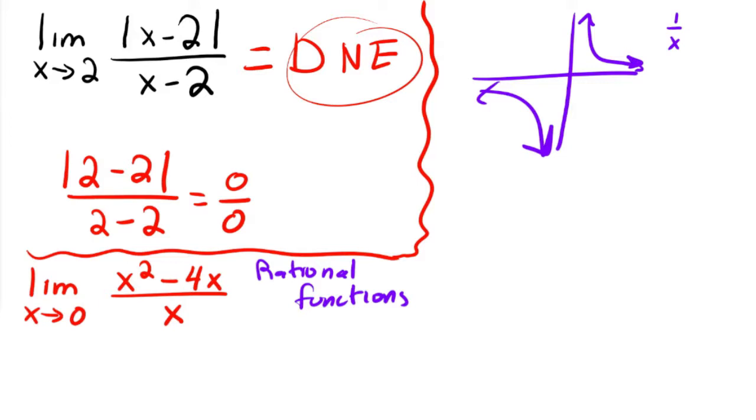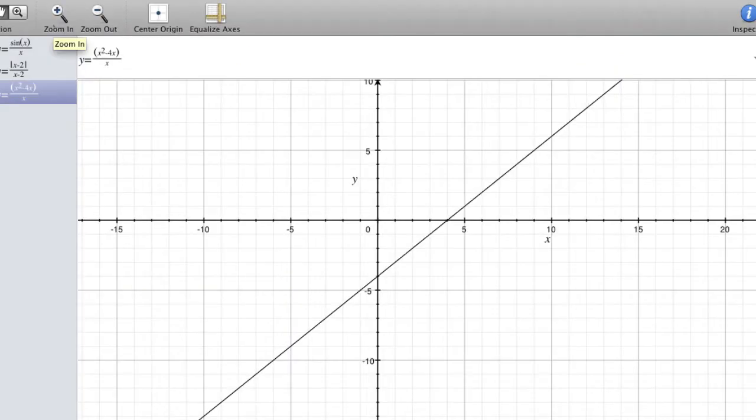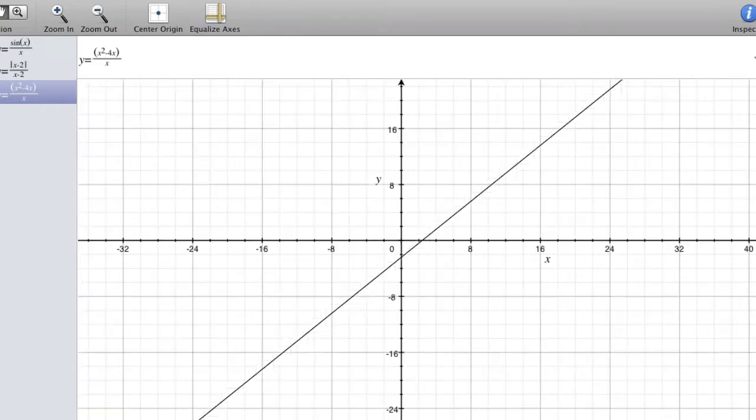Now, obviously, if you plug in 0, you'll notice that you get 0 over 0, which we already know is indeterminate. We don't know what that means yet, but we know it's indeterminate. But let's graph it. And so you'll notice that this doesn't look like a rational function at all.